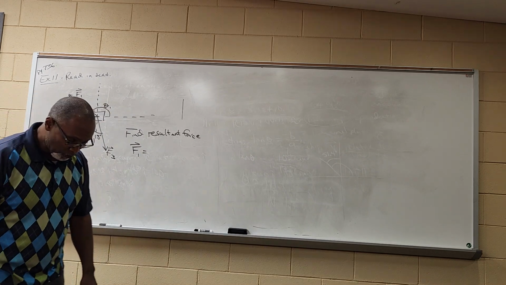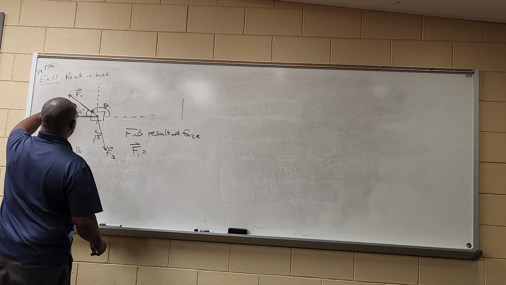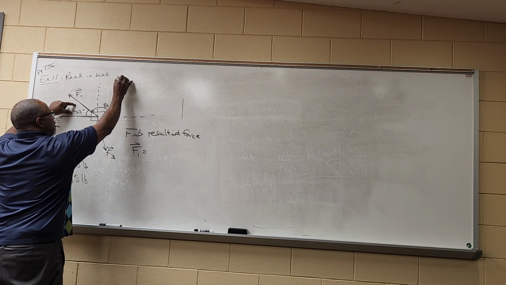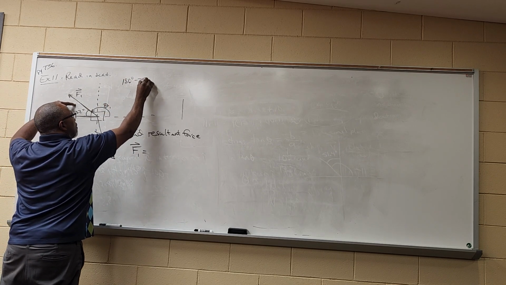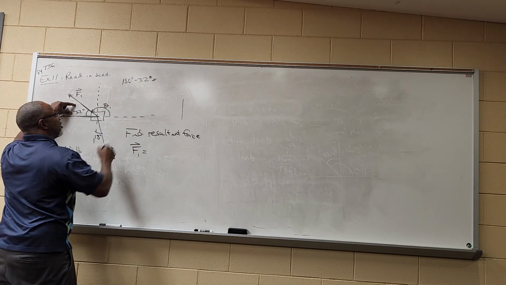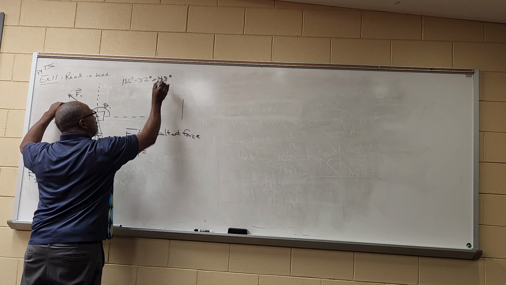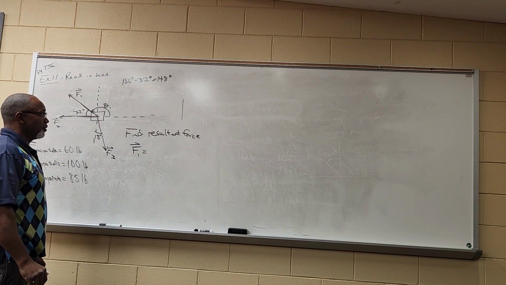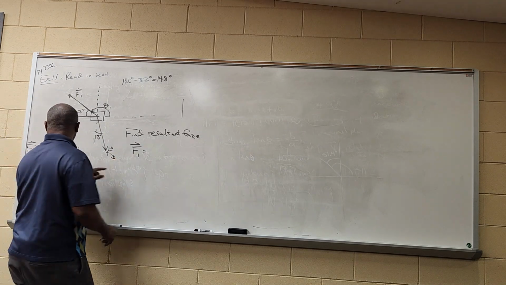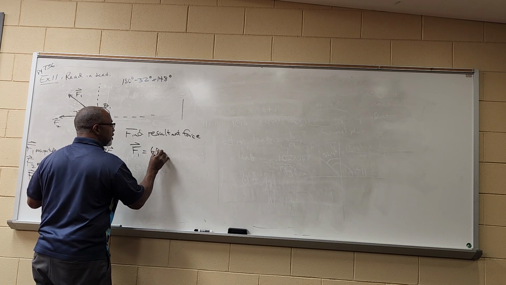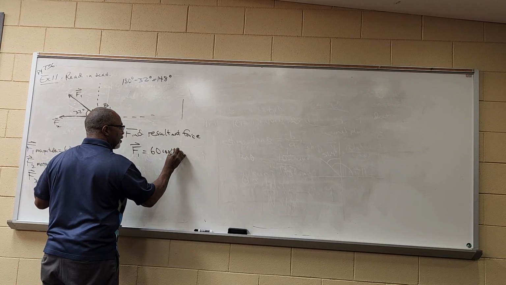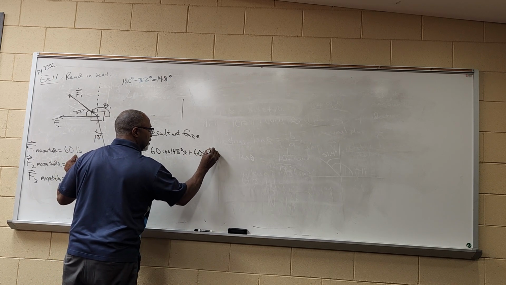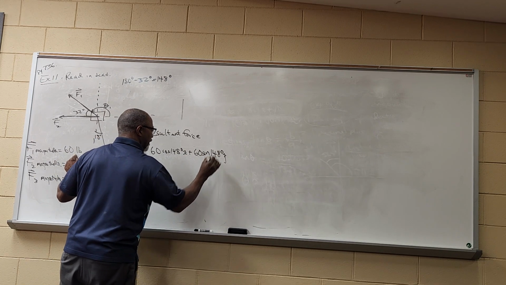This is a 32-degree angle, and this is the horizontal. 180 minus 32 is 148. So that means that theta 1 is a 148-degree angle. So F1 would be the norm of F1, which they gave me is 60, cosine 148 degrees I plus 60 sine 148 degrees J.